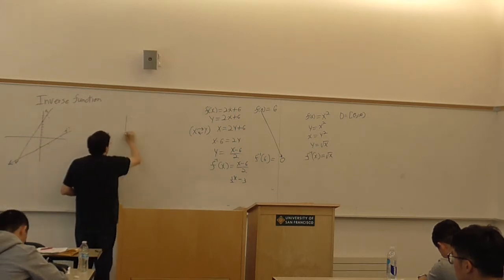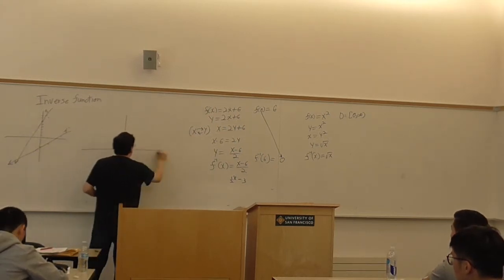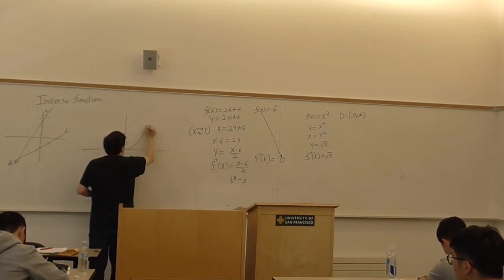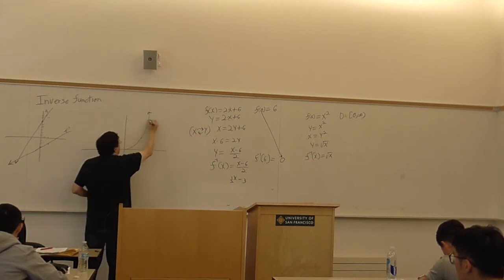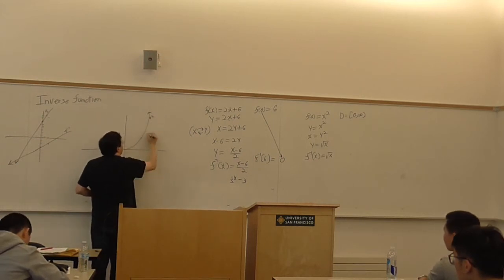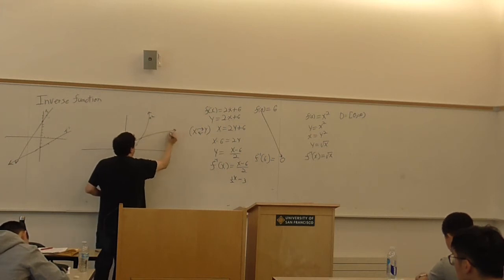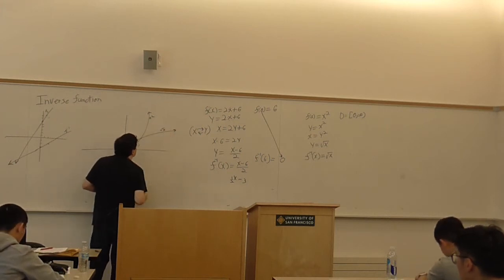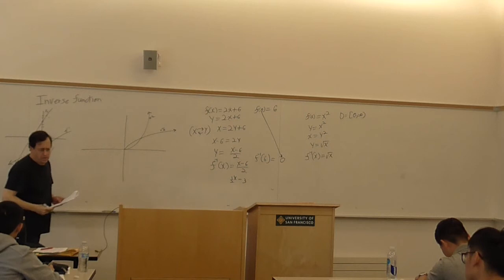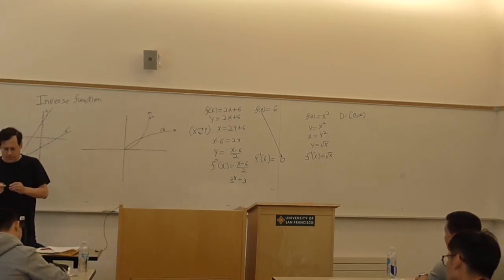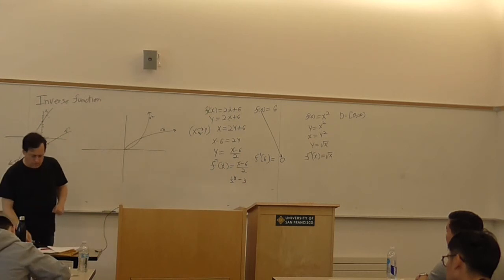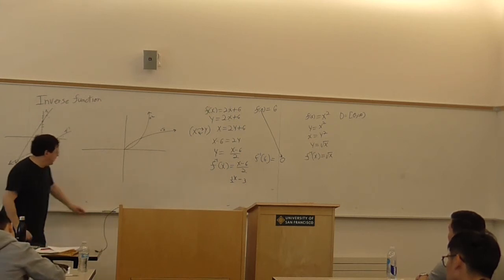And then also let's look at this other function, f of x equals x squared, which looks like this. And square root of x looks like this. What do you notice about those two graphs? There's something we can say about them.